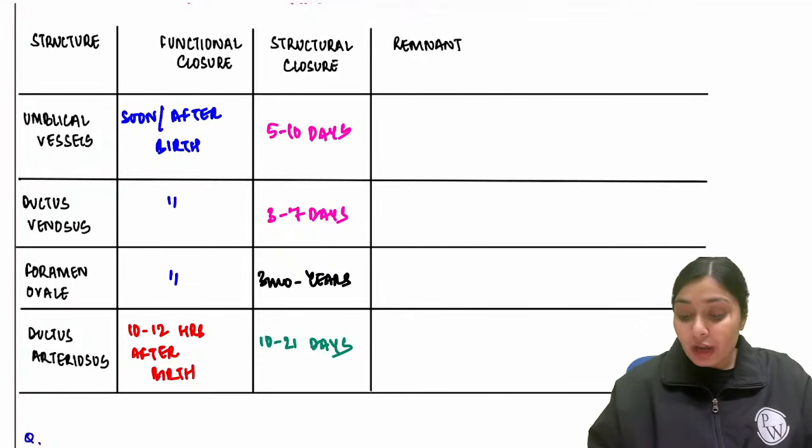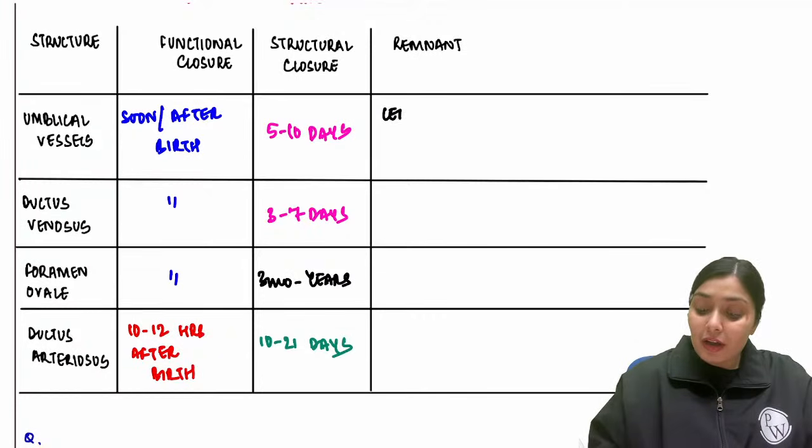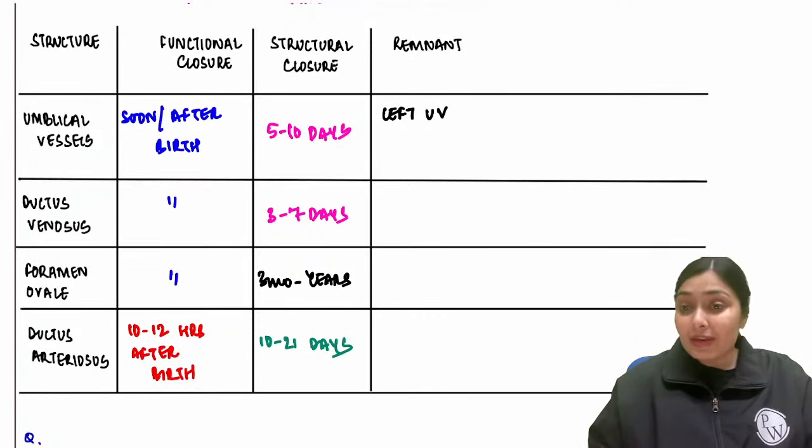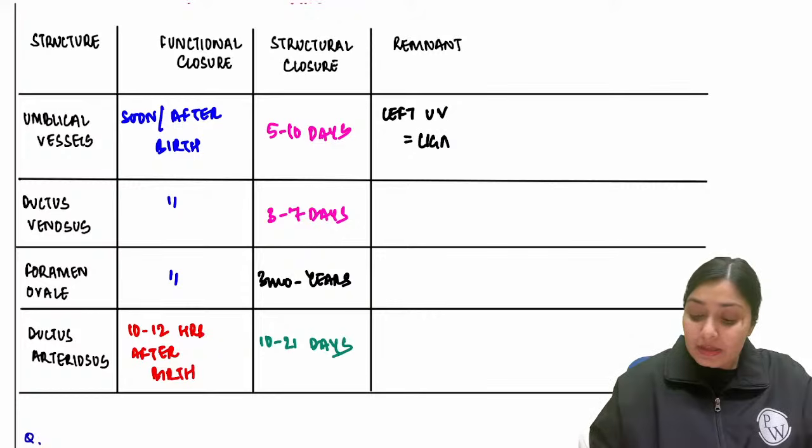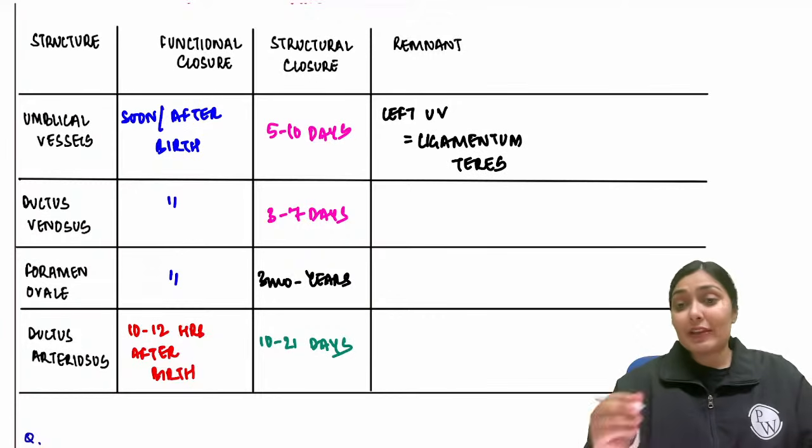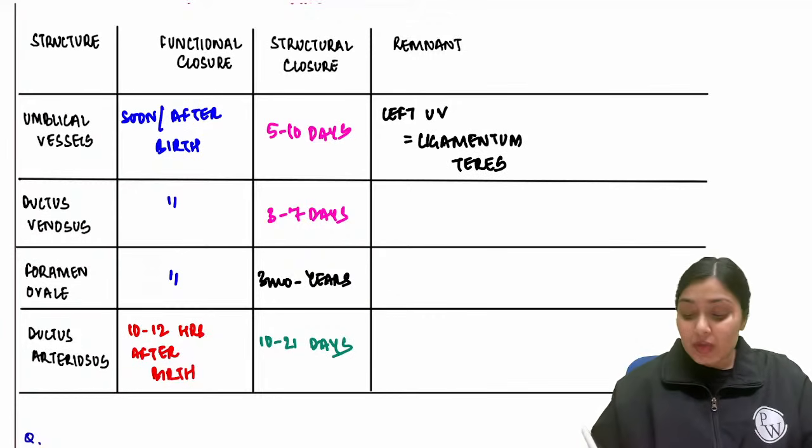So left umbilical vein will form ligament. Ligamentum teres. Left umbilical vein, ligamentum teres. Ductus venosus will form ligamentum venosum.